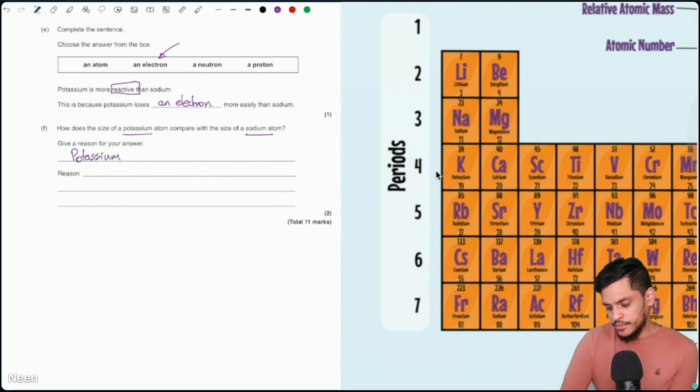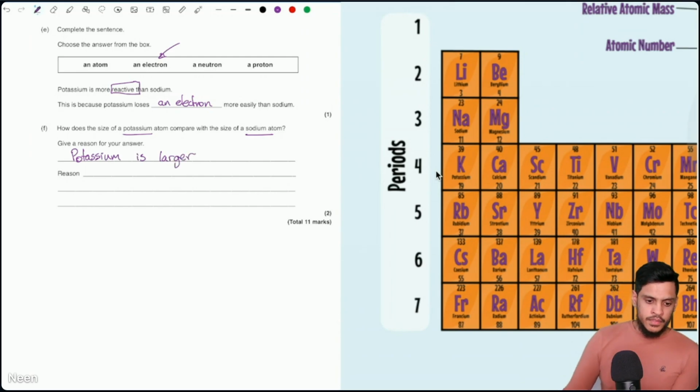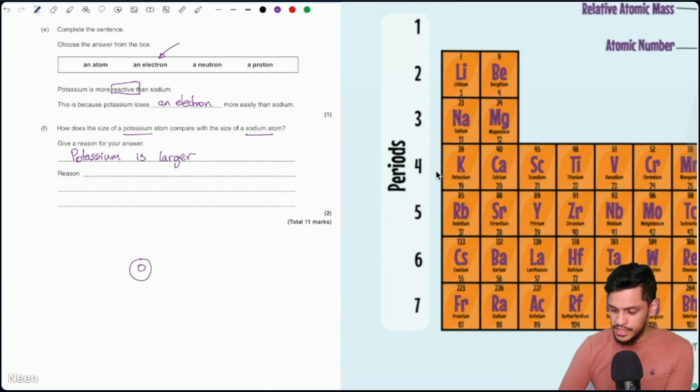Potassium is larger. Reason it's larger: yes, it does have a higher mass number. That means it has more electrons. If it has more electrons, it means it has more electron shells. So that's the nucleus.